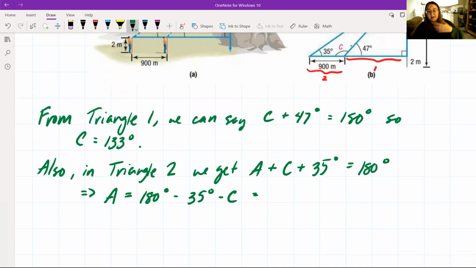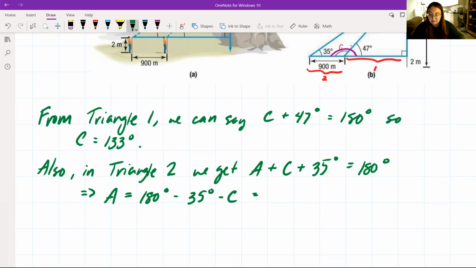This is because our half angle measurement here is 180 degrees, and we've already portioned off 47 degrees of that. So our angle C, which is technically in triangle 2, we found from adding the values from triangle 1 and triangle 2 to find the value of capital C for triangle 2. That's how we got our value of 133 degrees.